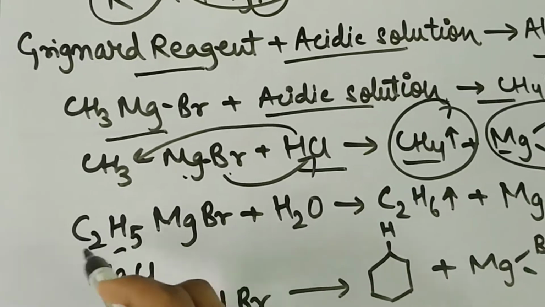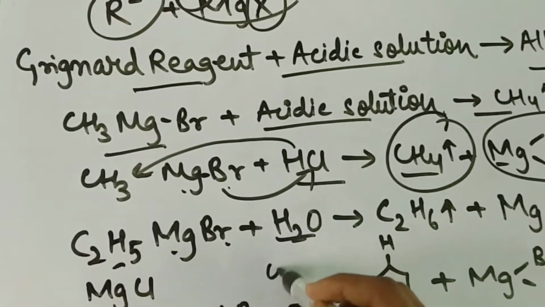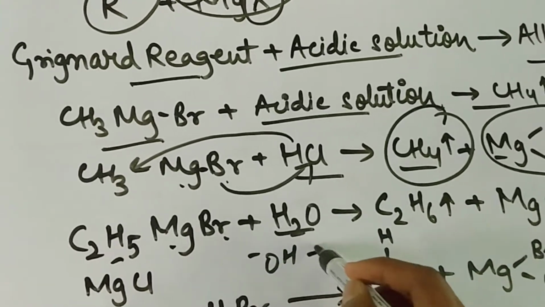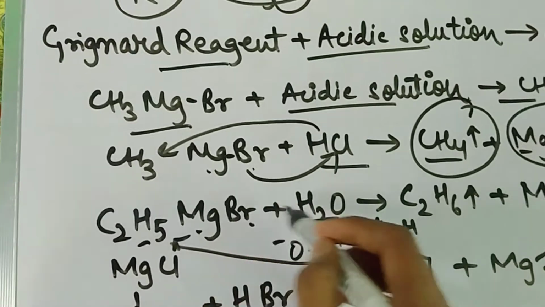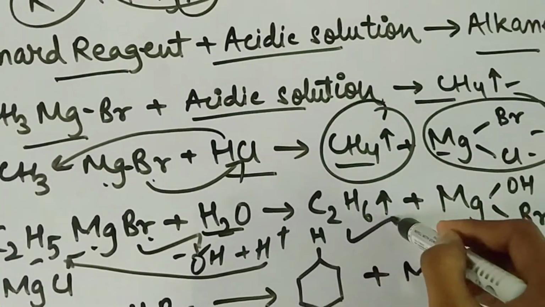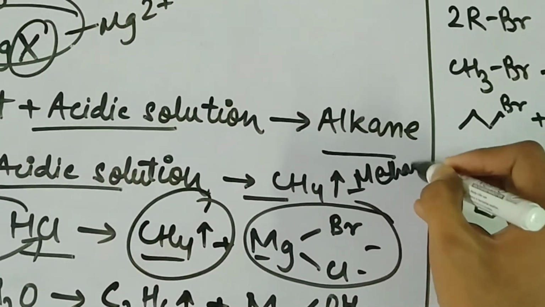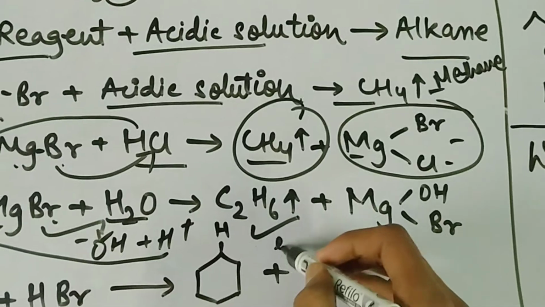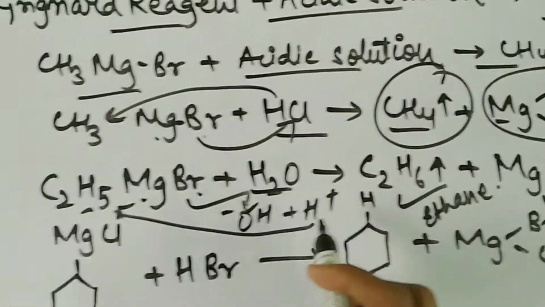Here we took C2H5MgBr, and again here water breaks into OH minus plus H plus, so H plus comes and attacks the carbon, and the MgBr comes and attaches with the OH, and we get ethane gas. Here it was methane gas, here we had ethane gas, and the remaining product.